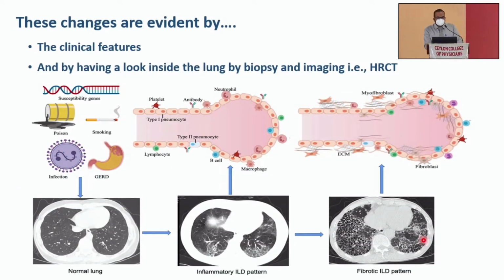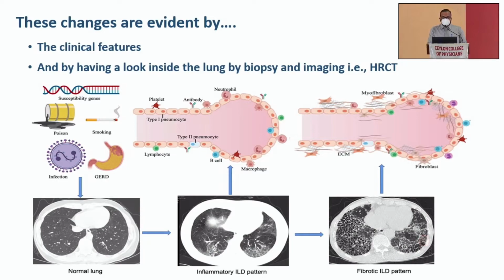These changes which occur inside the lung are evident by clinical features, and we can take a peek into the lung radiologically by doing HRCTs, and by doing biopsies we can see the histological appearance.